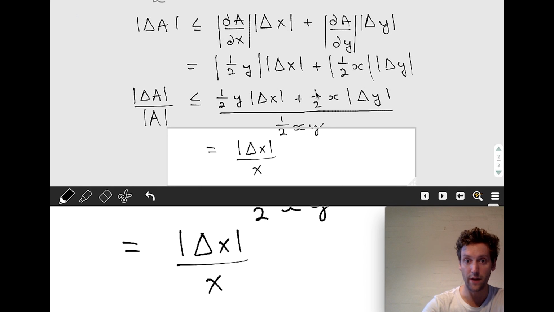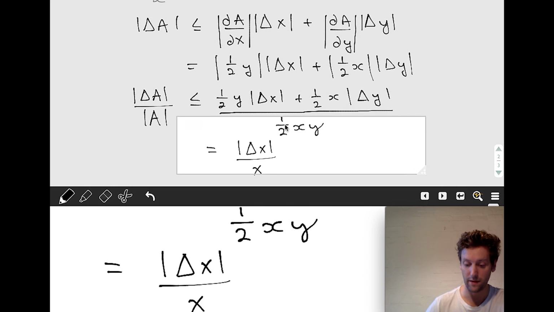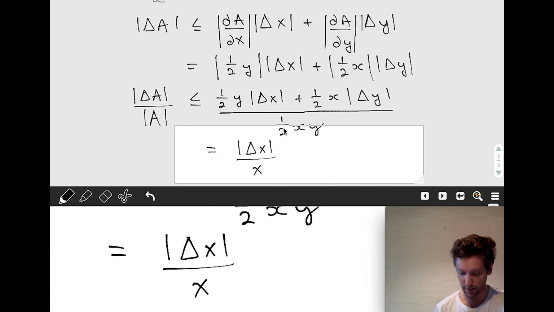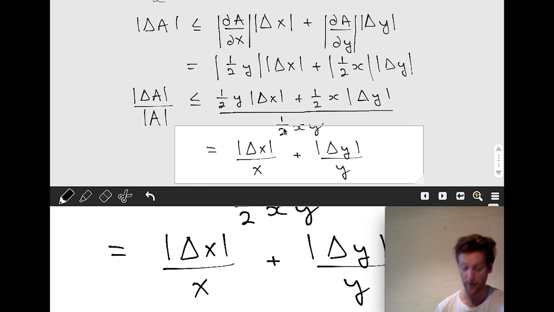Likewise, here I've got a half x times delta y, all divided by a half x times y. So the x's will cancel, the half will cancel, and I'm left with delta y divided by y. Again, remember that x and y themselves are positive numbers, so it doesn't matter that I don't have the absolute value symbols here. I can put them back on if I want.